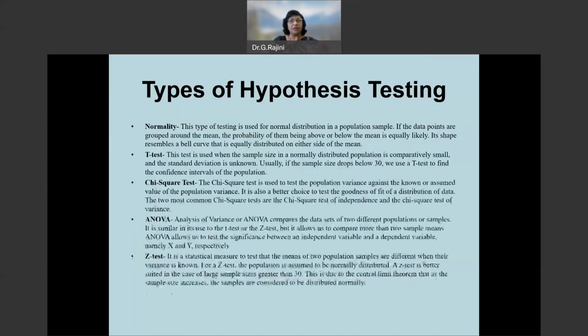That's what we do. When we test a hypothesis, we need to look into the normality first of all. We need to first check whether the population is normal. This type of testing is used for normal distribution. If the data points are grouped around the mean, the probability of them being above or below the mean is equally likely.